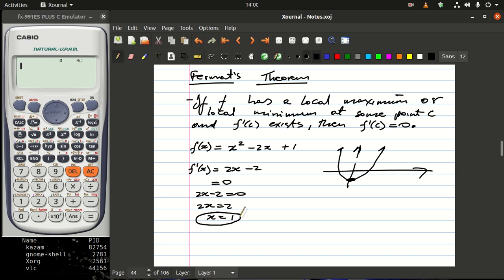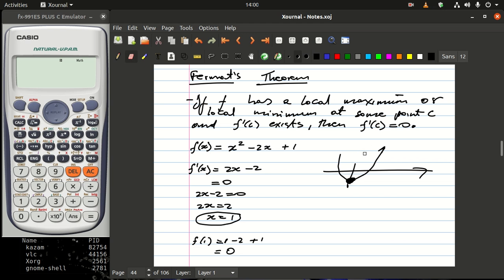And then of course, if I take this and plug it into that function, I will end up having f of 1, which is 1 squared, which is 1, minus 2 times 1, plus 1. So basically, 1 minus 2 is minus 1, plus 1 is going to be 0. So we know that there is a turning point when x is equal to 1.